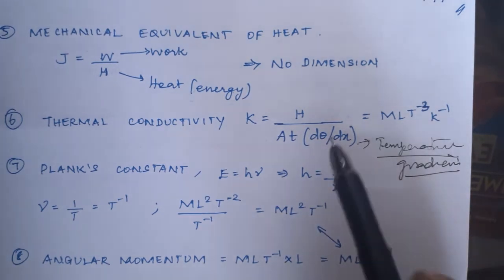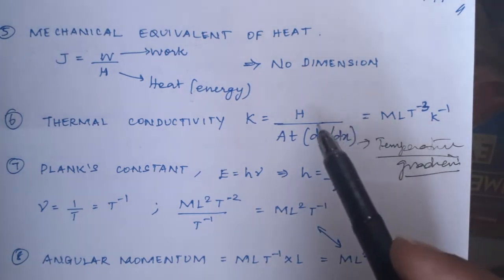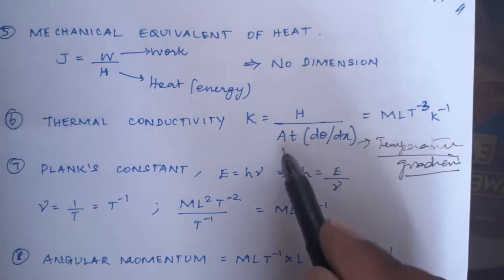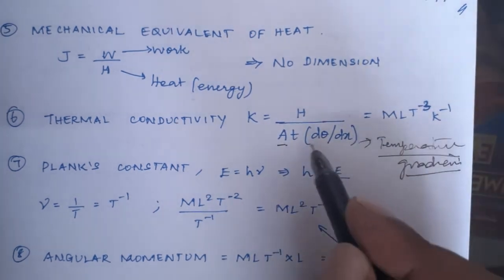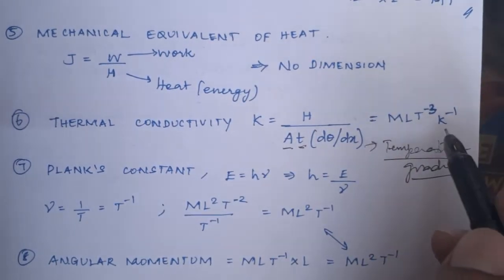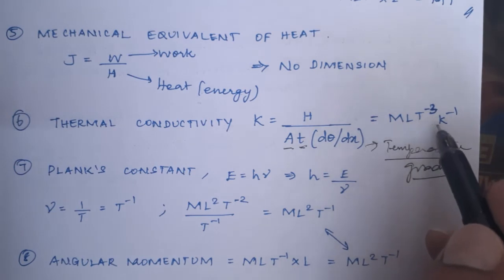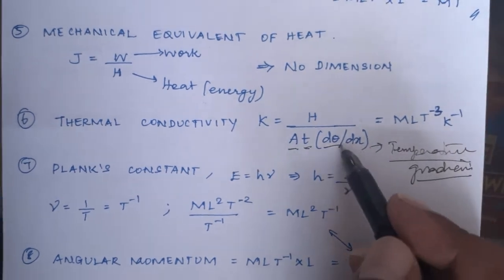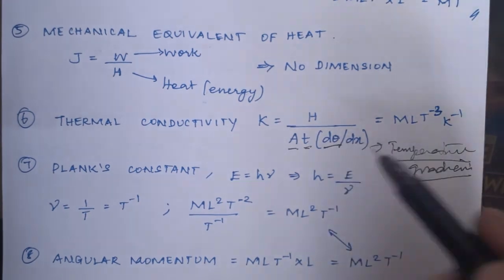So together, we know the dimensional formula for energy, M L square T power minus 2, along with area L square, again T is time, and d theta by dx, the temperature gradient. So M L T power minus 3 and Kelvin power minus 1, because theta is measured in Kelvin, temperature is measured in Kelvin.